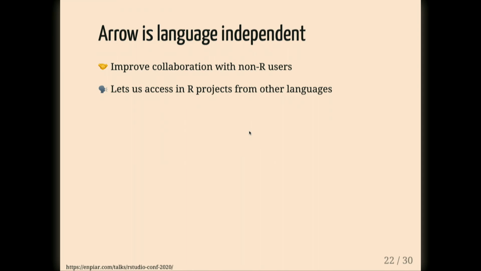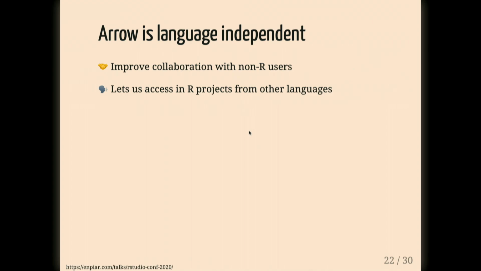I've said this a few times, but Arrow is language independent, language agnostic, and I think this has a number of nice properties for us in the R community. Unlike saving an R data file, if you write using Arrow, the data that you write is immediately readable by people in Python or Java or Rust or Go or JavaScript or whatever.